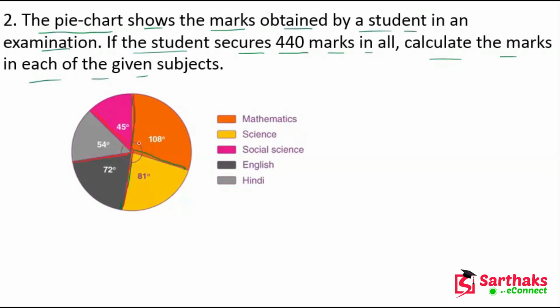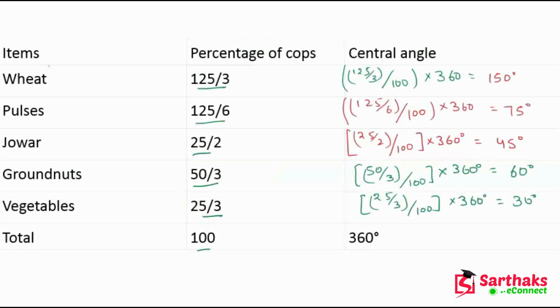So here it is given that this is 108 degree, this is 81 degree, this is 72 degree, this is 54 degree, and this sector is 45 degree. Got it? Now here we have to calculate the marks in each of the given subjects. Now if you observe this, we can find the central angle with the help of the component value.